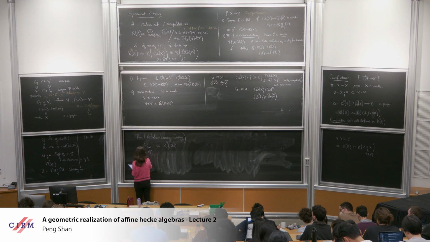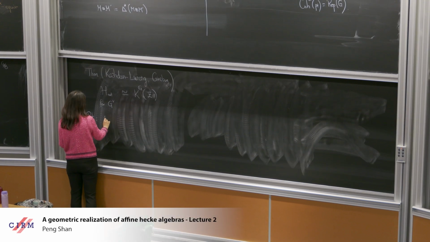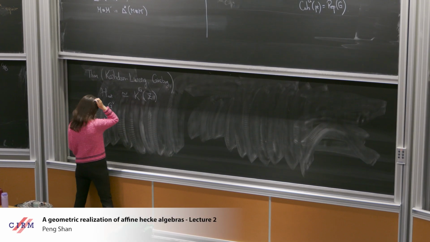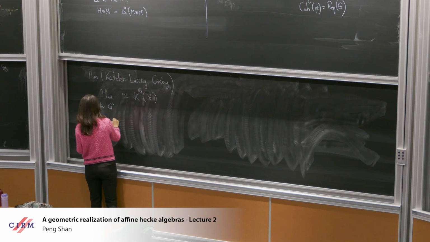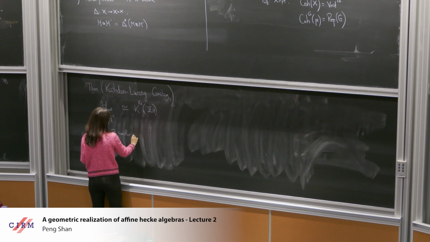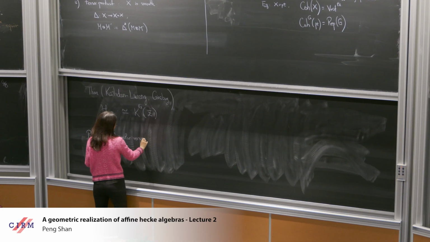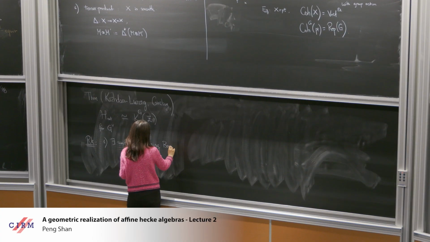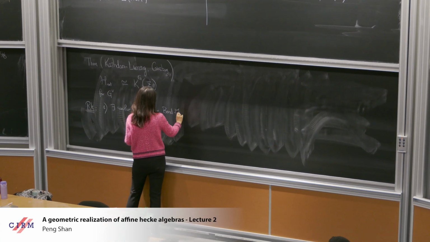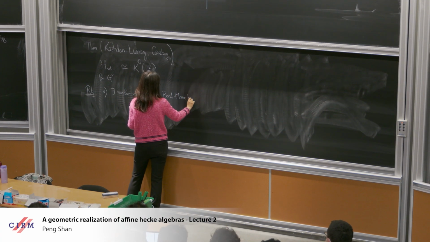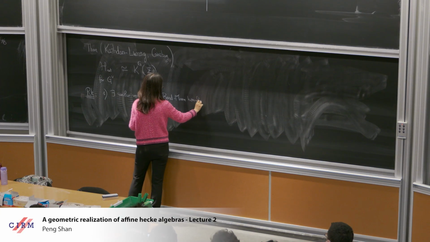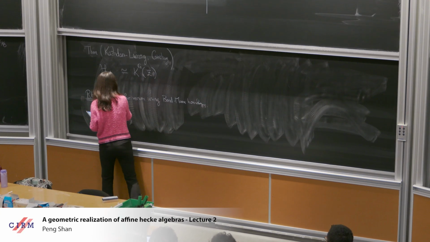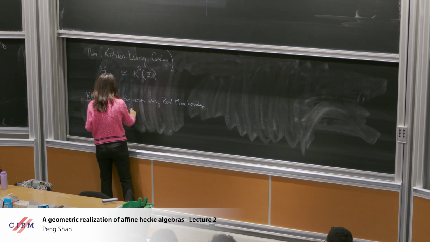First, there's a similar version using Borel-Moore homology instead of K-theory. And there you get a so-called degenerate affine Hecke algebra.